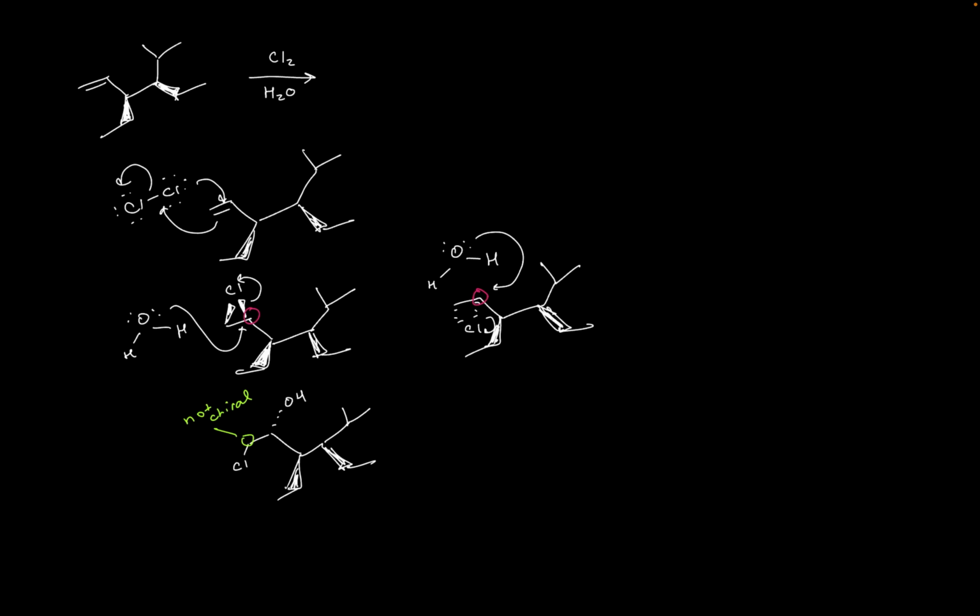Remember that there are 2 hydrogens here, so there's not 4 asymmetric attachments to the carbon. So I'm not going to write stereochemistry there. And on this side, the OH is going to come from the top, so we're going to get OH on a wedge, and the Cl again here.